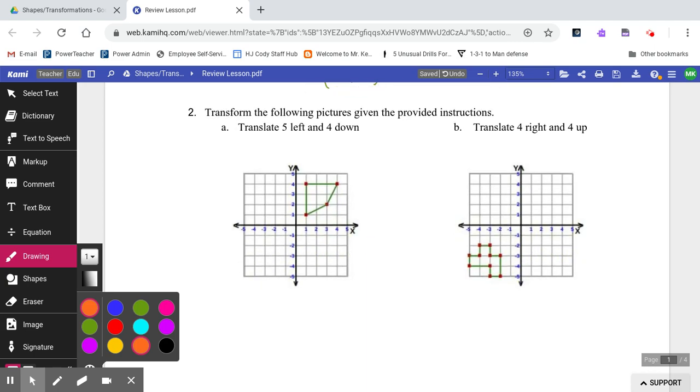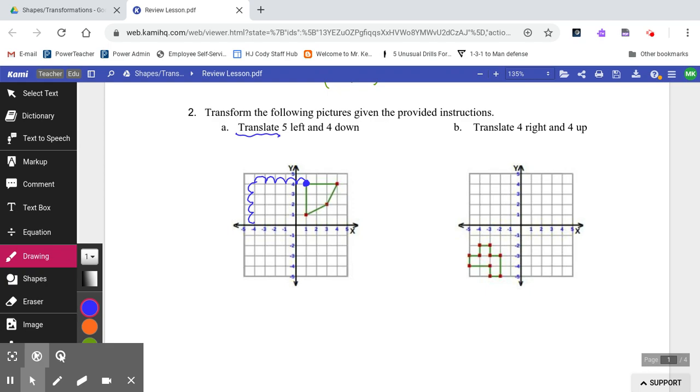If we look at 2, it says translate 5 left, 4 down. Translate means move it, just slide it. So we're going to slide it 5 to the left and 4 down. We slide the corners. I'm going to take this corner right here and move it 5 left, 1, 2, 3, 4, 5, and then 4 down, 1, 2, 3, 4.